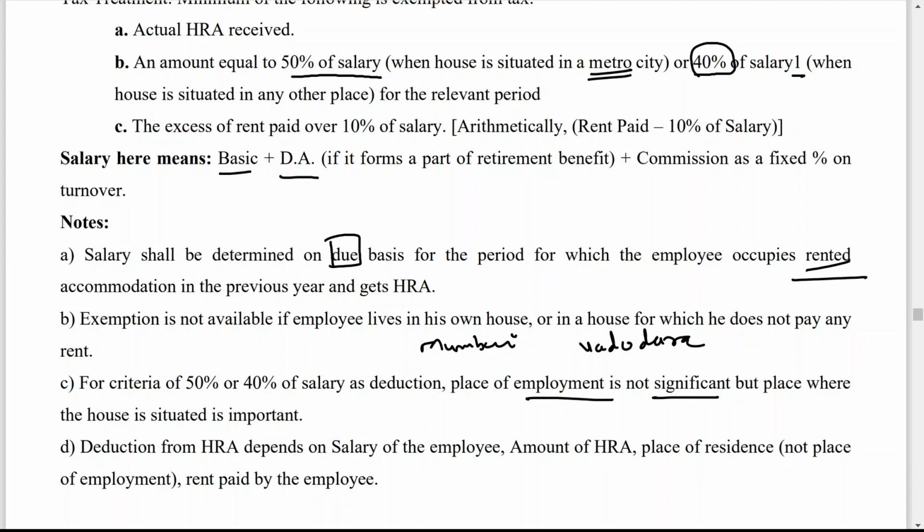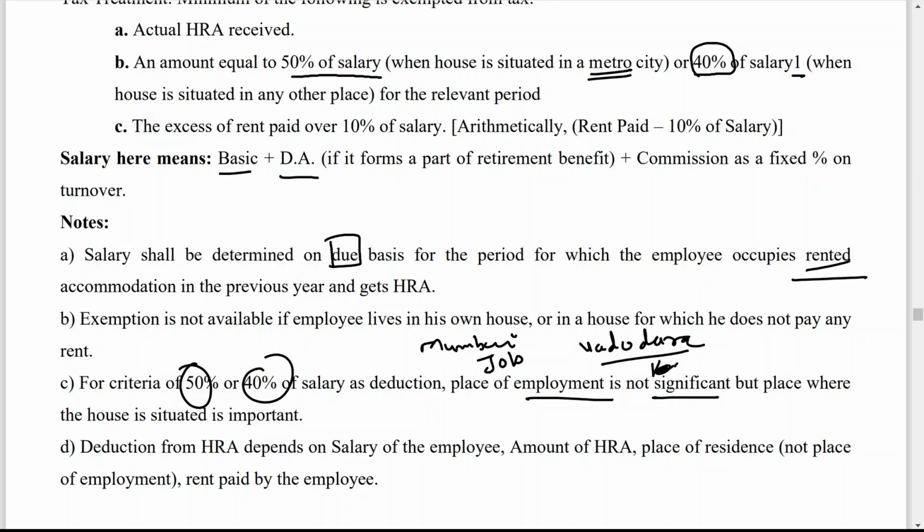In this case, he is doing job in Mumbai, but house is situated in Vadodara. Now in this case, he is residing in Vadodara, and for that he is paying rent. So now in this case, whether you have to take 50% of salary or 40% of salary.